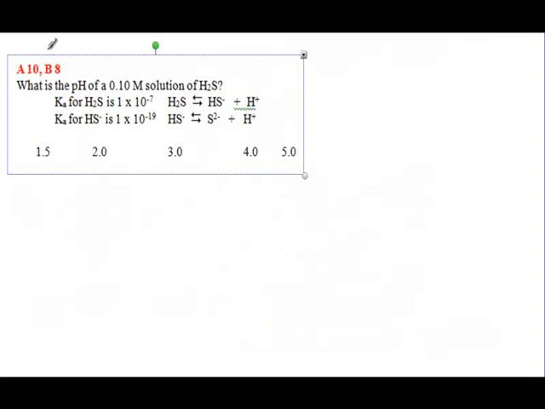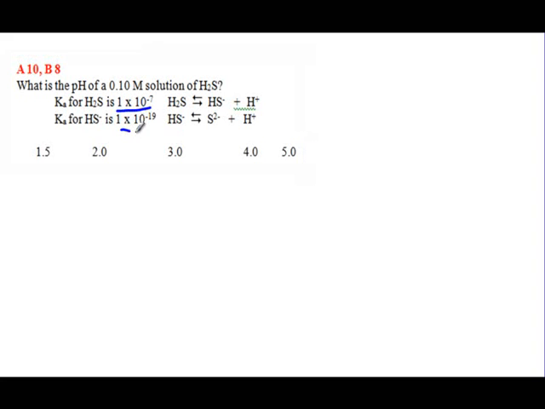Okay, so here we are on question 10 on version A and question 8 on version B. We want to know the pH of a 0.1 molar H2S. We're given two Kas, because this has two hydrogens, so it's going to have two equilibrium constants. Taking off the first hydrogen gives us this Ka, and the second hydrogen coming off gives us this.